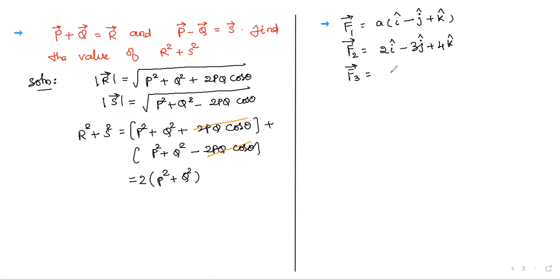Before completing the question, we understood he is going to ask to find the value of A. Let's see the full information. F3 is 8I cap minus 7J cap plus 6K cap. These are the 3 vectors given for us.